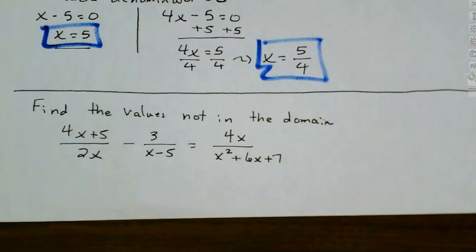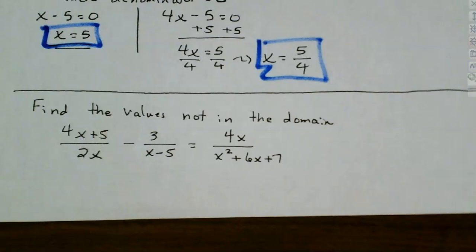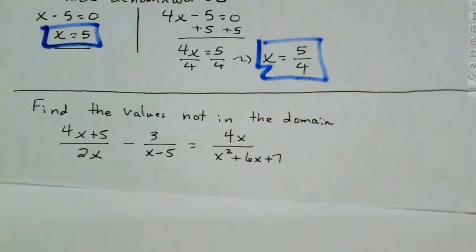We are finding the values that will not work. So what do we do? We set each denominator equal to 0. And we're actually going to get, in this case, 4 numbers that are not going to work. So let's find those 4 numbers that do not work.